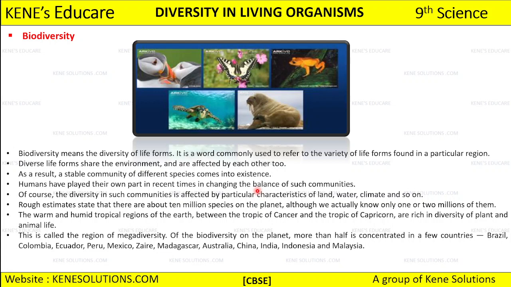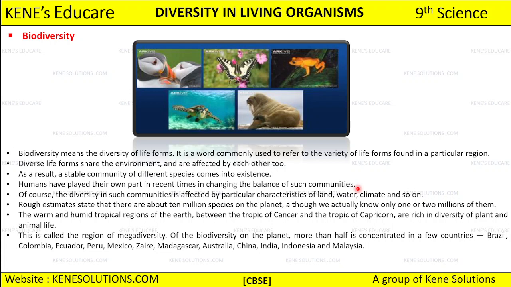Animals are not hurting us or doing anything to us, but it is we humans who are doing something to the communities and making them imbalanced. So of course, diversity means the variation in such communities, and it is affected by particular characteristics of land, water, climate, and so on.